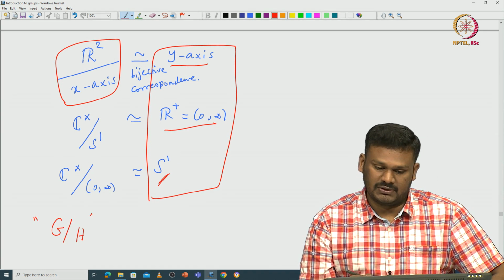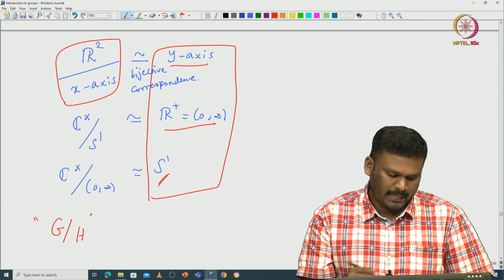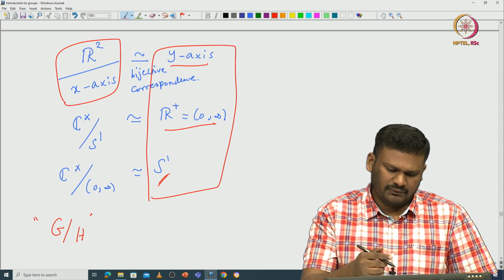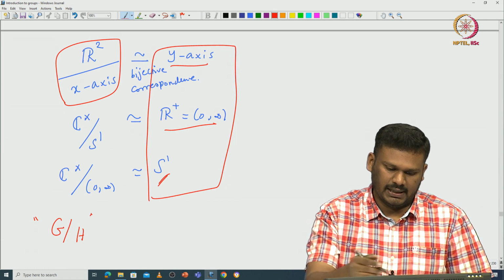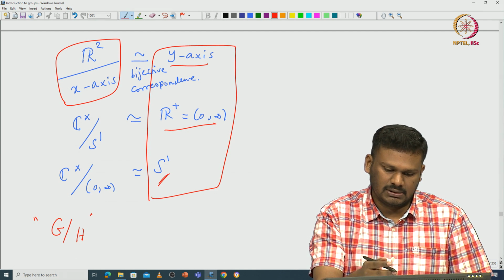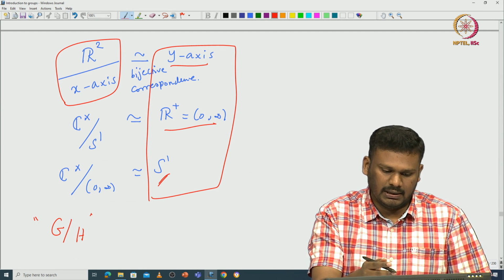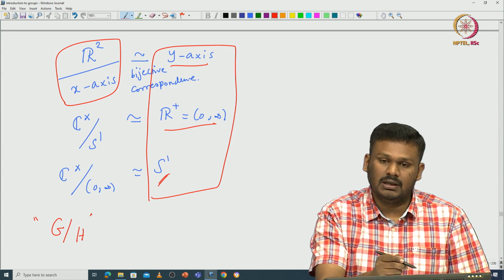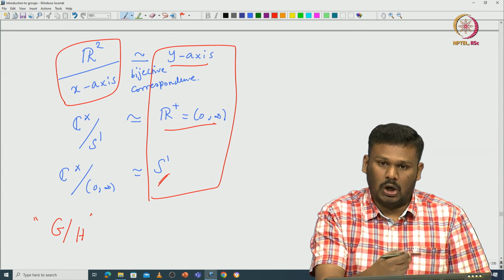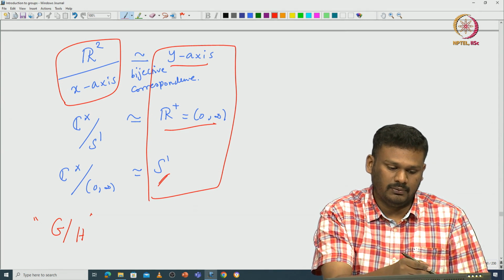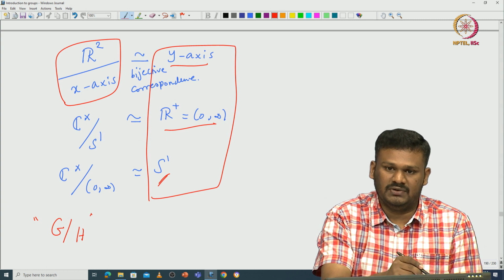Let me explain what we need to do. Let us take these examples and first try to understand what is really happening. Since the right side has group structure, that motivates us to define a group structure on the left side. We are not looking for some arbitrary group structure.